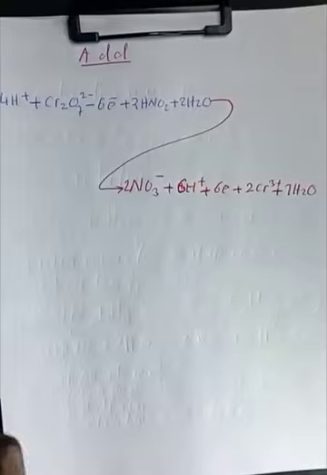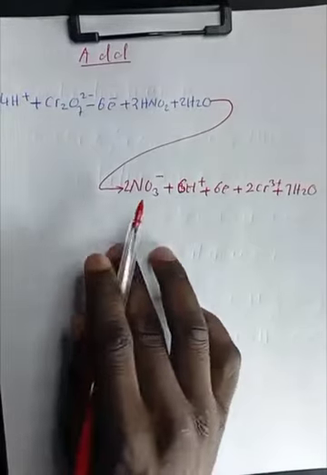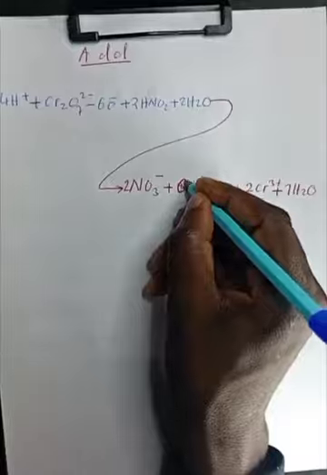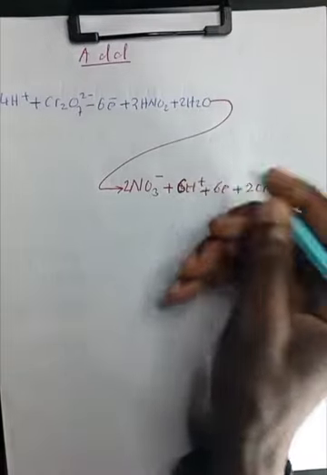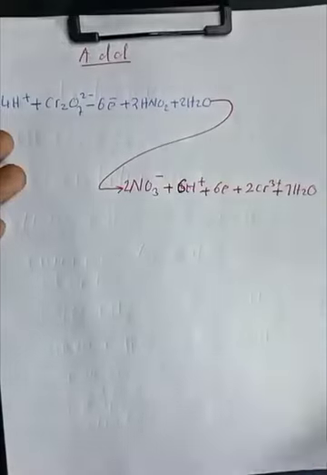So this is a summation of the 2 half reactions. Now when we add, you have to look at what is common and cancel the spectator ions.